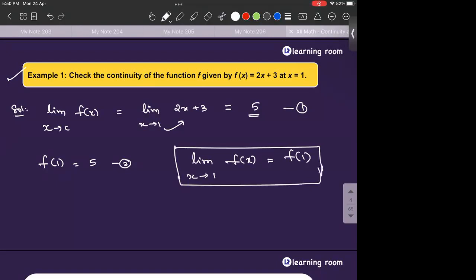So what can you conclude from this? The function is continuous at x is equal to 1. That is the meaning. Is the point clear? Yes, sir. Yes, sir. Yes.